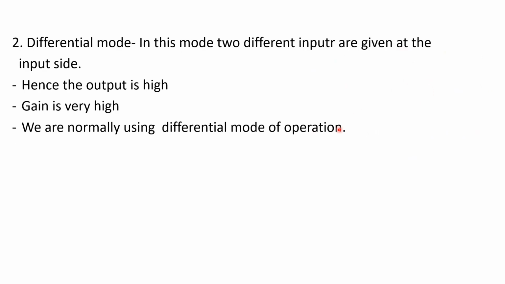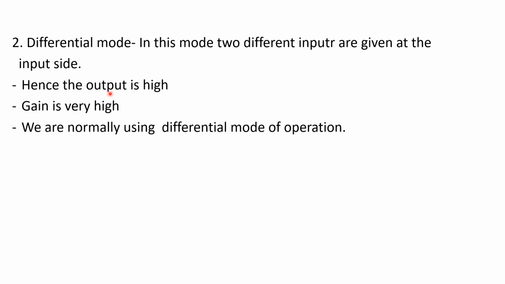Now let us see what is meant by differential mode. In differential mode, it is very clear that we give different voltages to the two input terminals. For example, for the non-inverting terminal we give 5 volt, and for the inverting terminal it can be 3 volt or something like that.